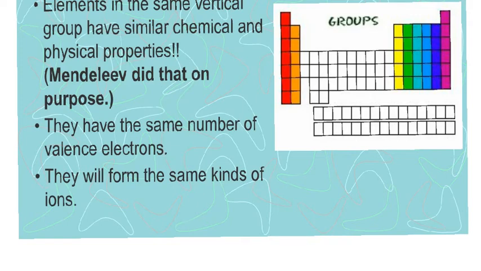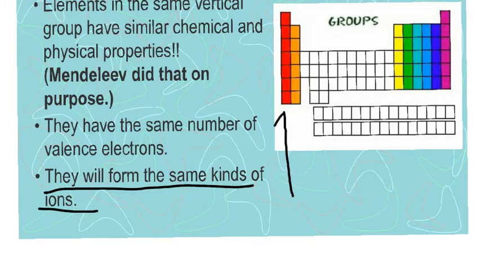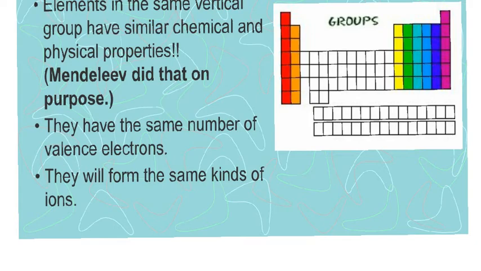If you're losing electrons, then you're going to form the same kinds of ions. These elements here will all lose 1 electron and become a +1 ion. In the second vertical column, they'll become +2 ions because they're all going to lose 2 electrons. And that pattern continues.